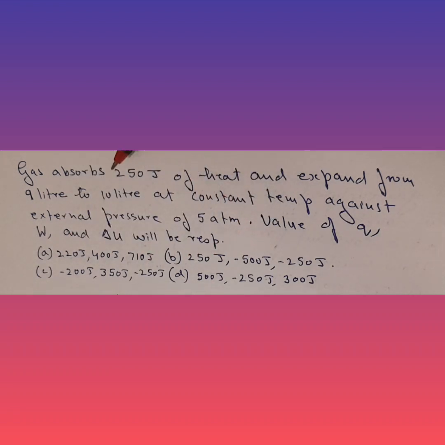On reading this sum, one thing is very clear, that it is pressure volume type of work, and again it is expansion. Second, we also have to involve Q, W and del U. That itself means that we are dealing with the first law of thermodynamics, where del U is equal to Q plus W. So without wasting time, let's get into it.